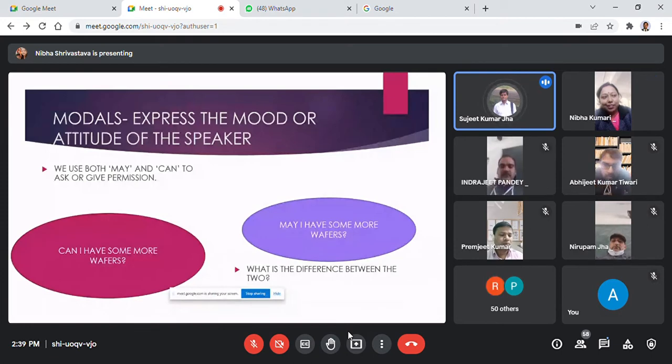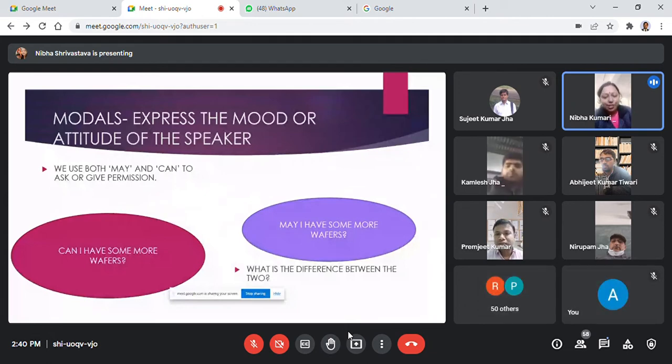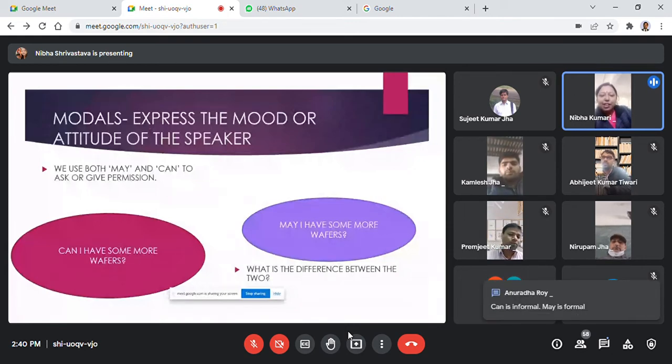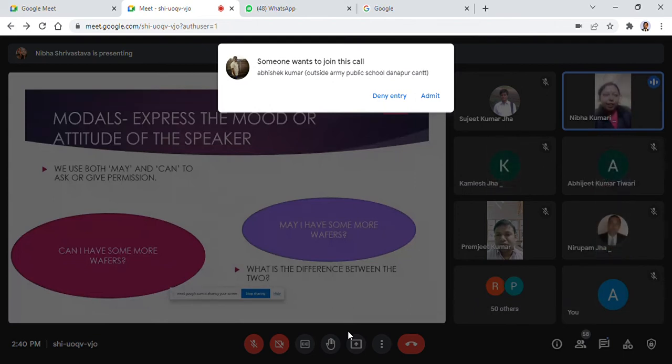Actually, may is used for permission from seniors, for formal purposes. May is more formal than can. So that is the difference: can is informal, may is formal. Yes, thank you, ma'am. So we use may when we talk in a formal way, and can can be used anywhere in informal ways.